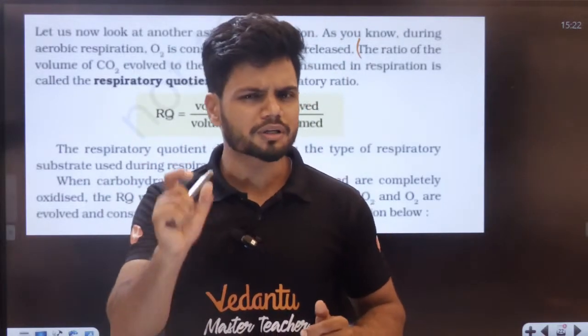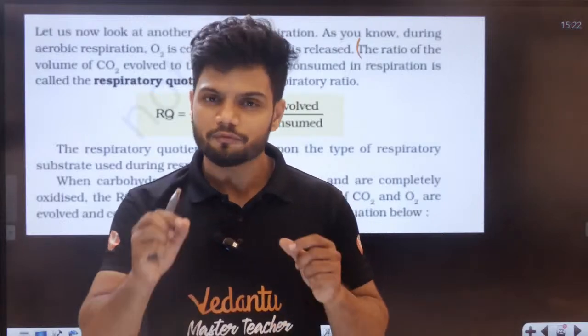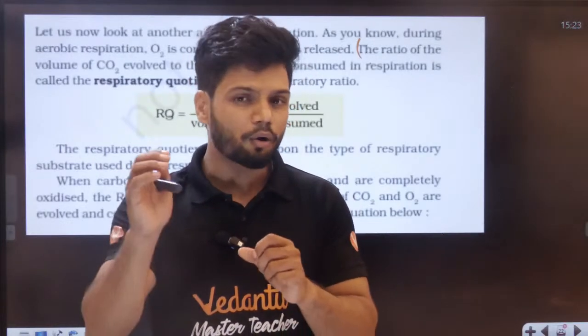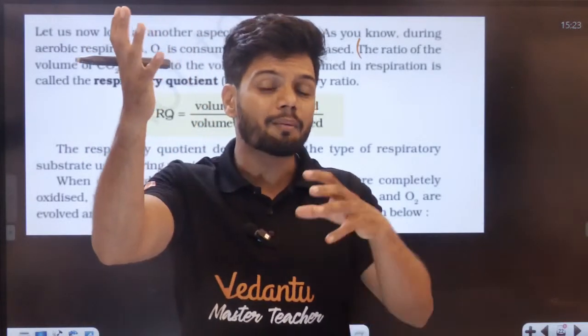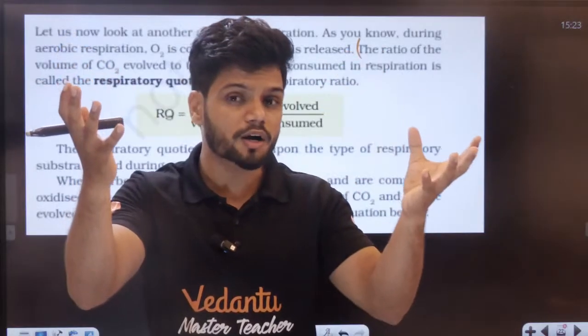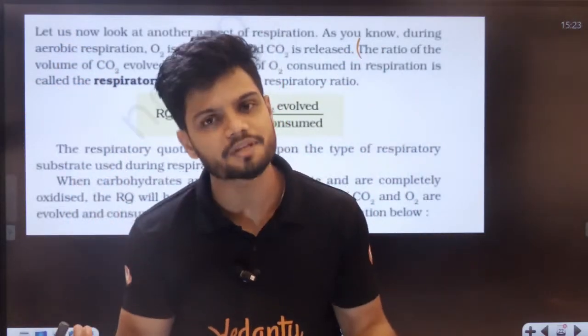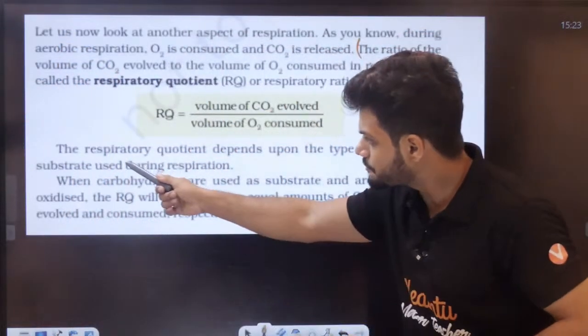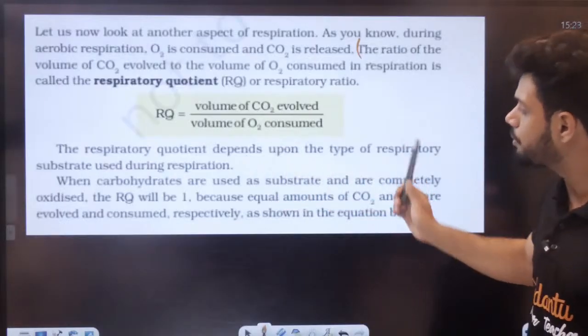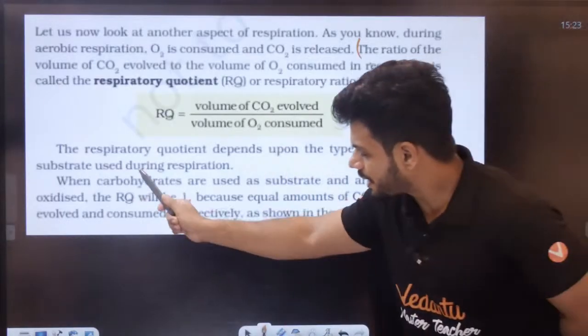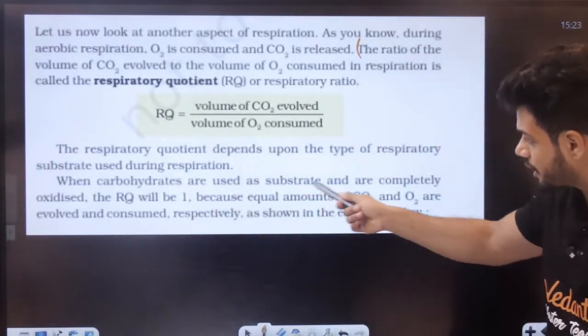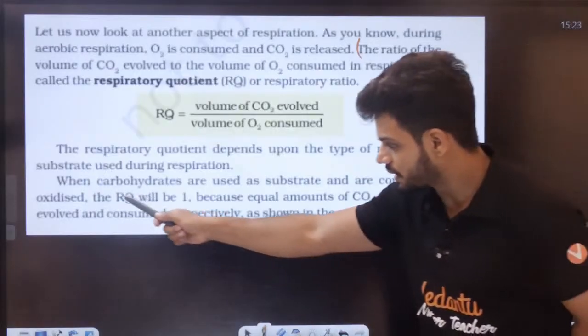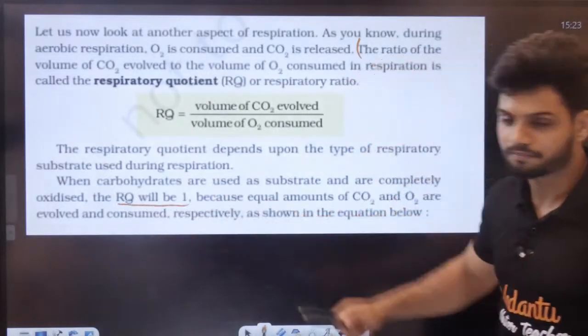Now when you talk about carbohydrates, the amount of CO2 evolved and the amount of oxygen consumed are both the same. Look students, the respiratory quotient depends upon the type of respiratory substrate. When carbohydrates are used as substrate and are completely oxidized, the RQ will be 1.